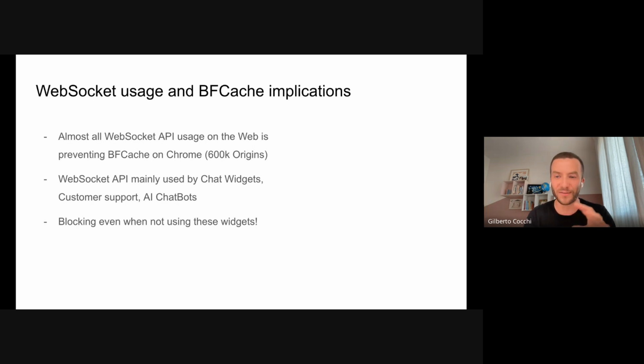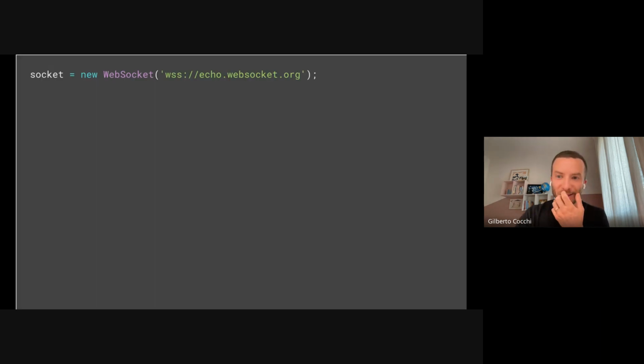Just loading the chat widget library on most e-commerce websites is sufficient to prevent BFCache eligibility at 100%, even if users don't interact with the chat widget at all. So the majority of WebSocket implementations are like this: yeah, let's trigger WebSocket, I'm fine.